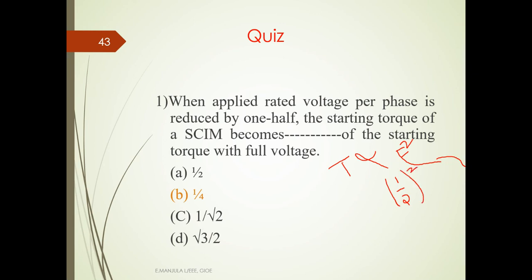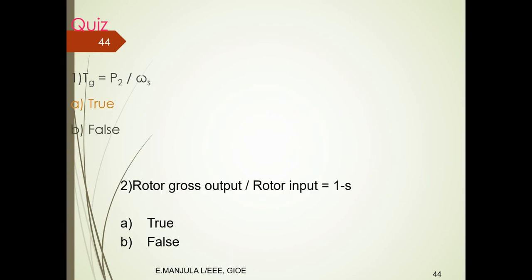When the applied voltage is reduced by half, the torque is reduced to 1/4, as the torque is dependent upon the square of the applied voltage. So Tg is equal to P2 by Ws. True? Yes. And the rotor gross output divided by the rotor input is equal to 1 minus S. Yes, true.